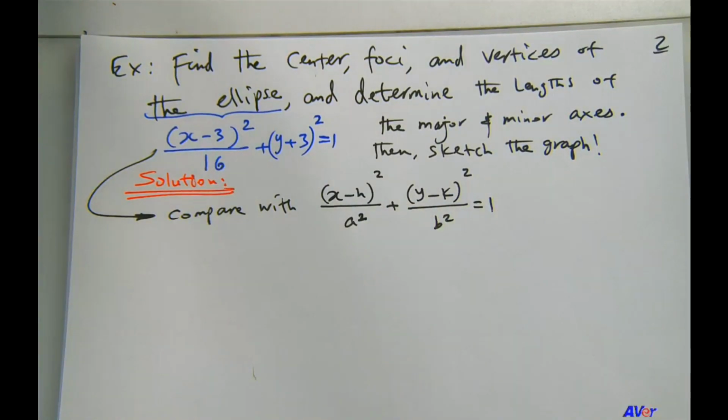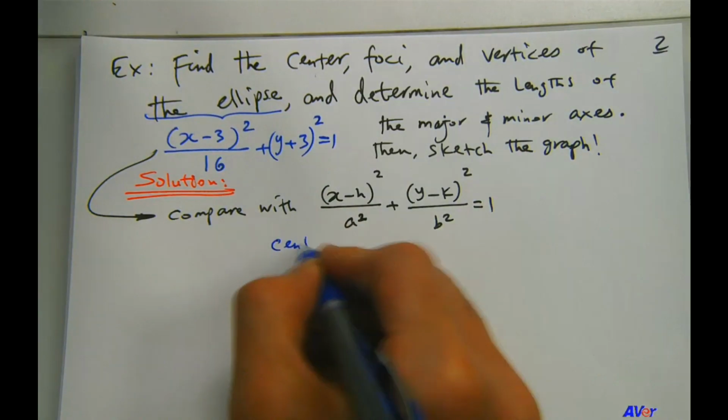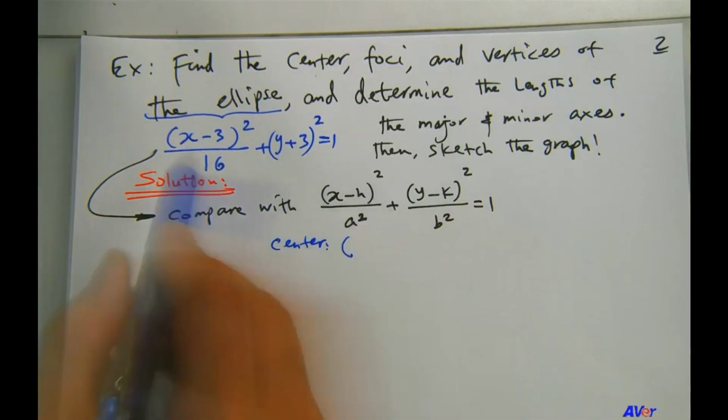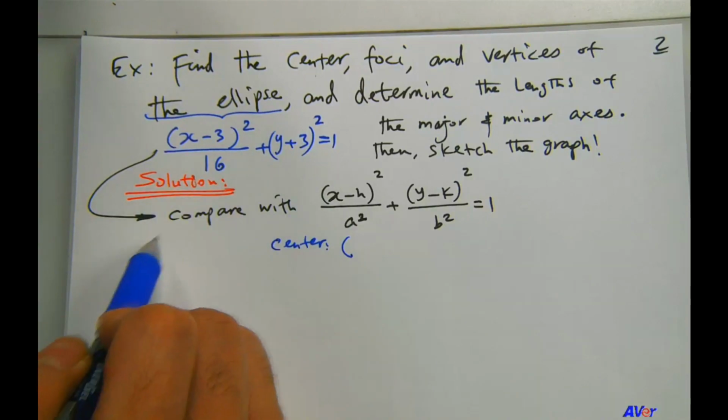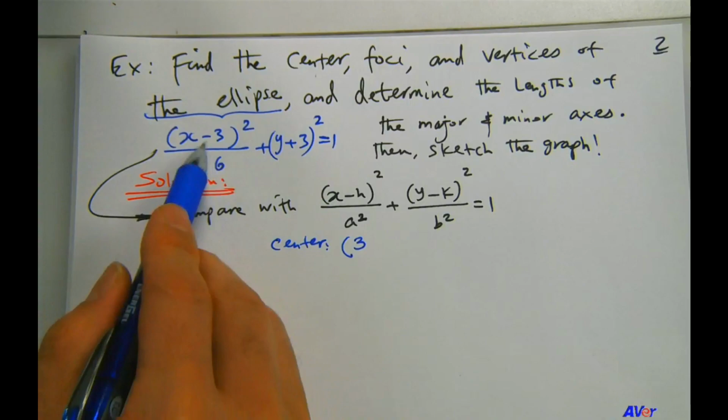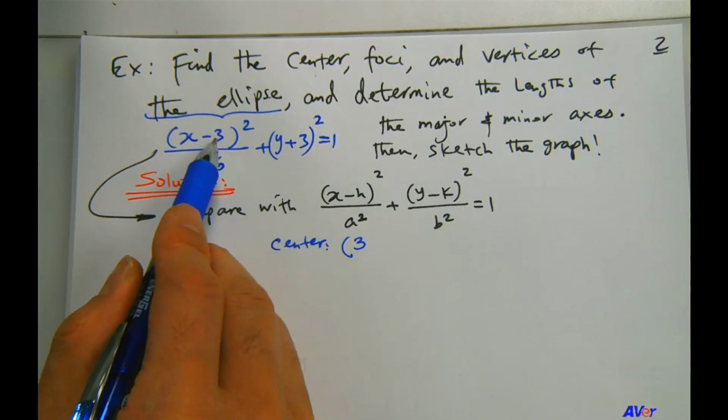Compare that with that, and you'll see that the center is at, so what is h? Compare this with this. What is h then? It should be 3, right? Minus 3, so h must have been 3.